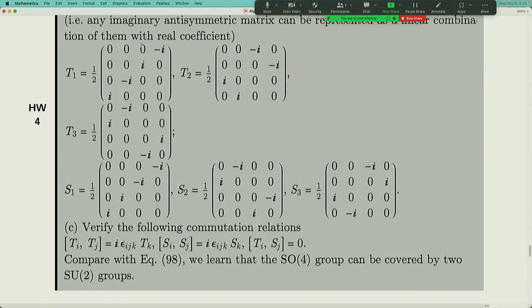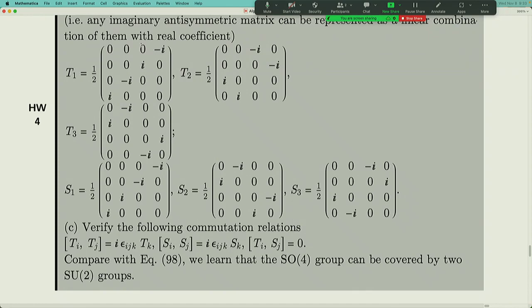The reason that I want to rewrite these 6 different matrices, 3 of them as T and 3 of them as S, is because these 3 S really satisfy the angular momentum commutation relation. And the 3 T's also satisfy another independent set of angular momentum commutation relations. And the commutator between S and T is 0, meaning that these T matrices and S matrices commute.